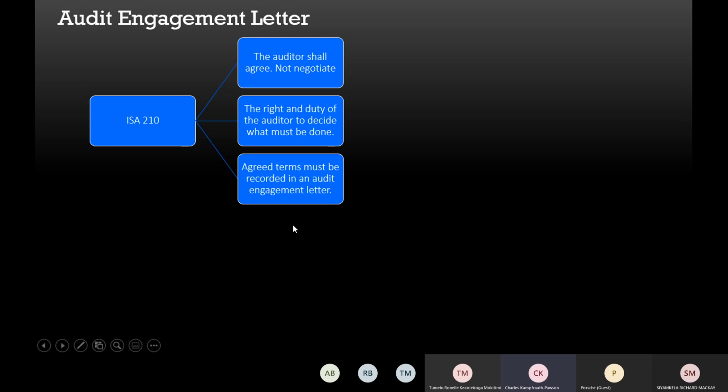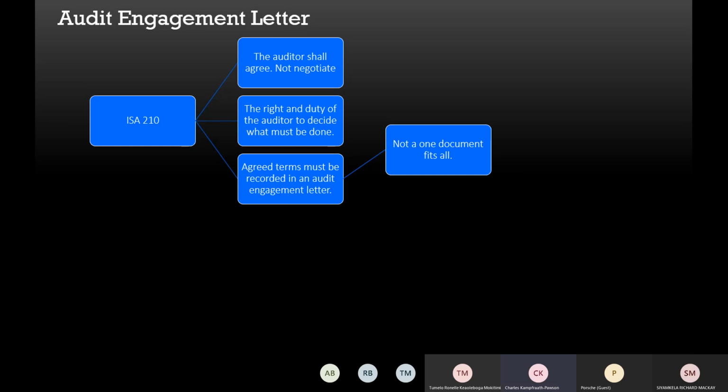Okay. Agreed terms must be recorded in an audit engagement letter. So we've agreed with the client what we will be doing, how we will do it, and who will do it. And that information must be drafted in a very well documented engagement letter. It must be a written agreement.